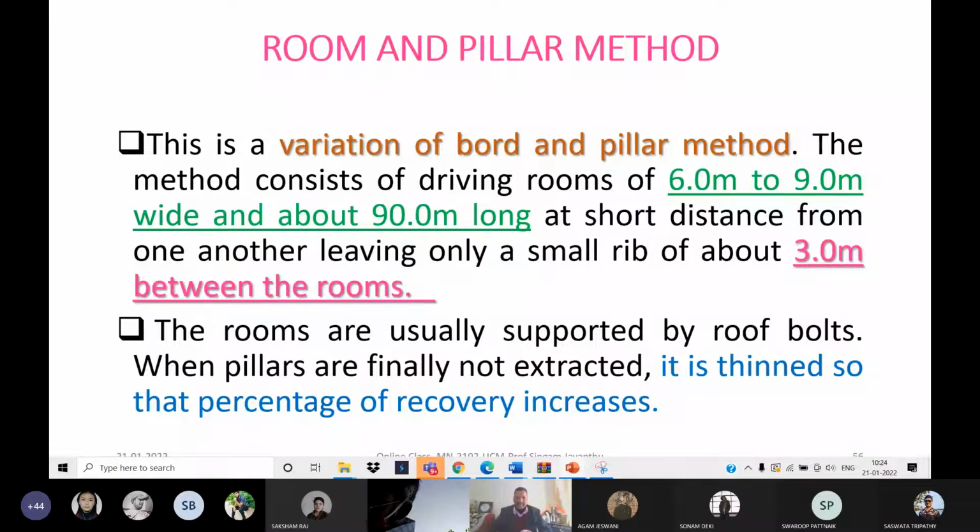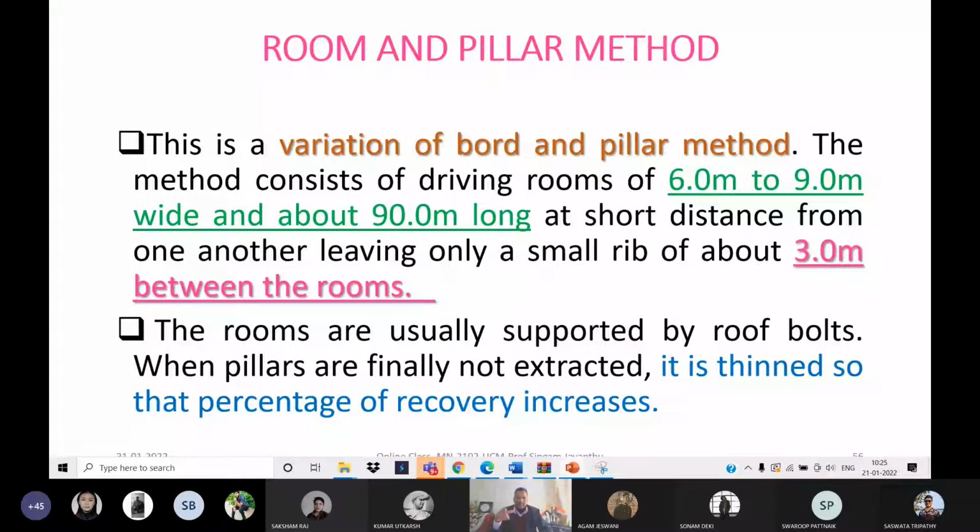And at short distance from one another, in between, just like we are leaving a pillar, they are leaving a rib, right? That is the pillar for them, a small rib, which may be around 3, 4, 5 meter width. So this is the way they are working, and that is the method called room and pillar.